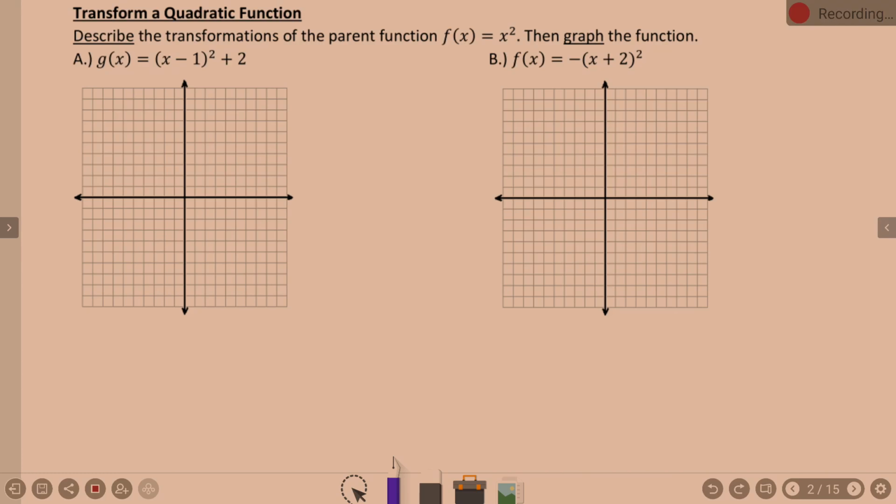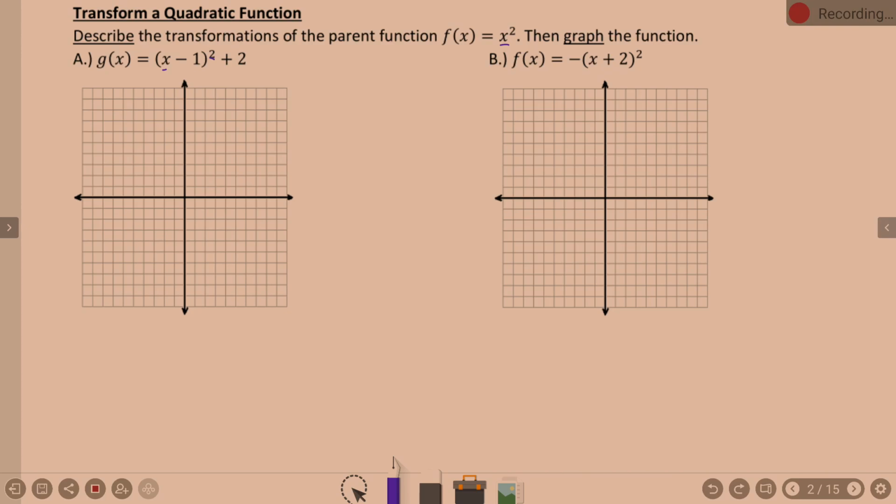What transformations do you see? In other words, what's being done to x squared? Here we have x squared.